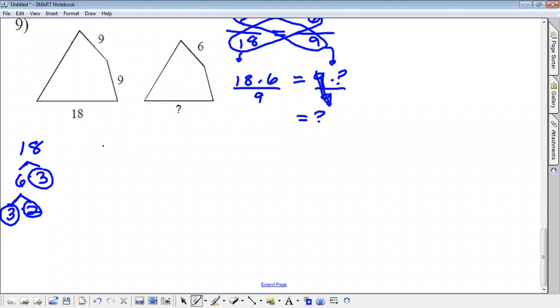Now, to the next number, factors of 6, can I use 1 or 6? For 6, it's 3 and 2. And we know that 3 is prime already, and 2 is prime. Now, factors of 9.